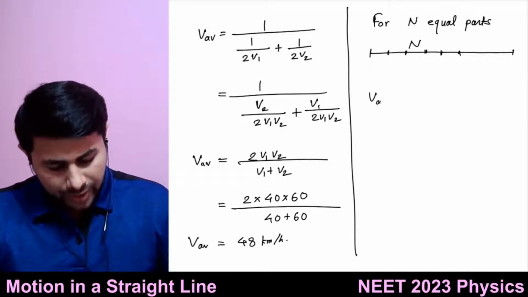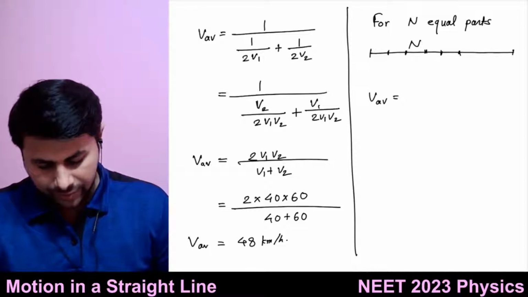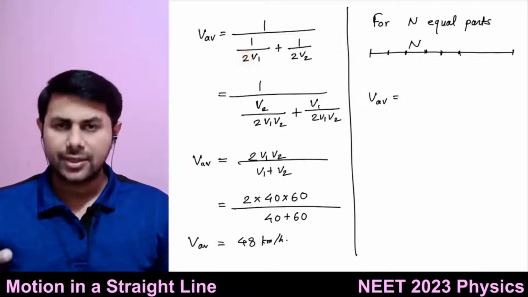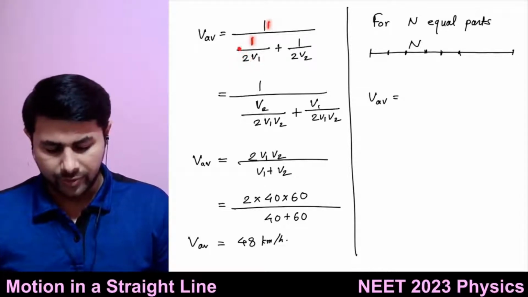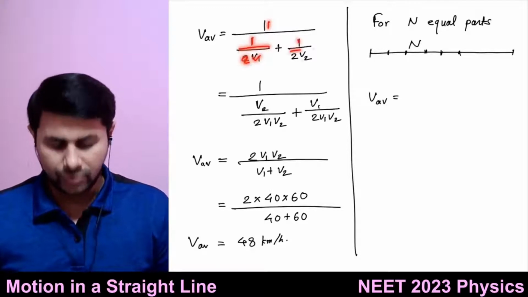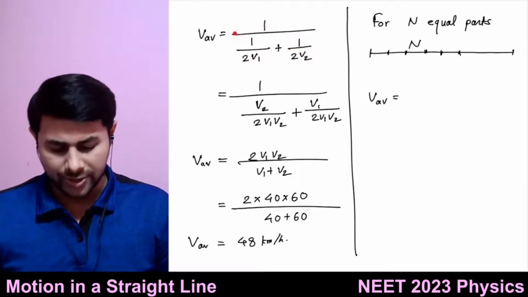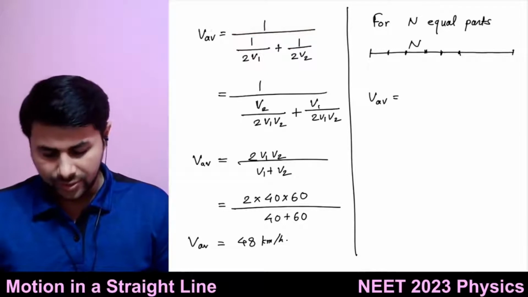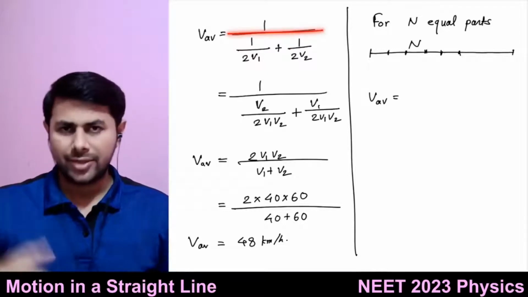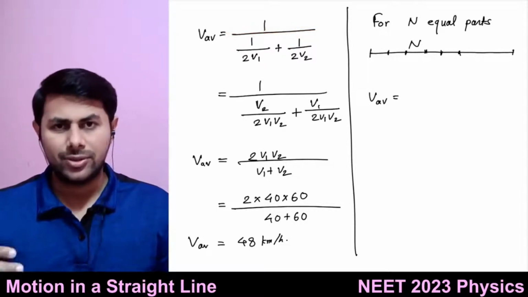Your formula for the average velocity, you can see over here, if you have two parts, it will be 1 upon 2v1 plus 1 upon 2v2. I am taking the reciprocal of both sides, right? So a numerator will come to denominator, denominator will go to the numerator.